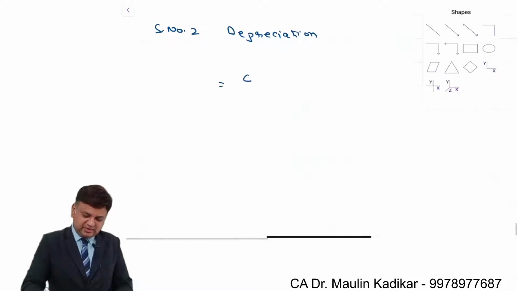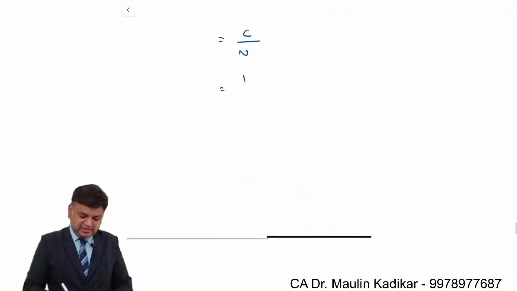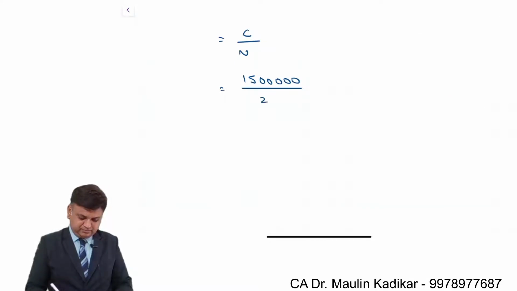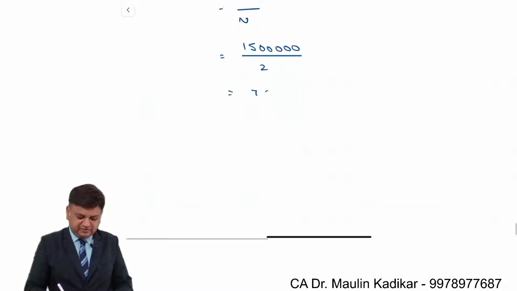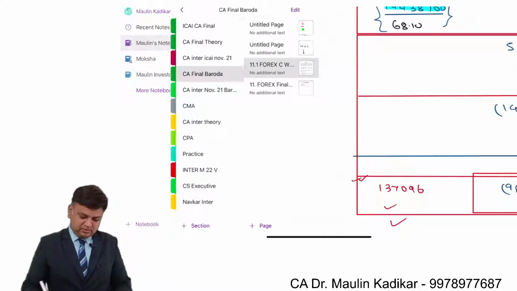It is cost divided by number of years. What is cost? It is 15 lakhs divided by 2. So that comes to 7,50,000 Chinese Yuan per year. You can see that over here.